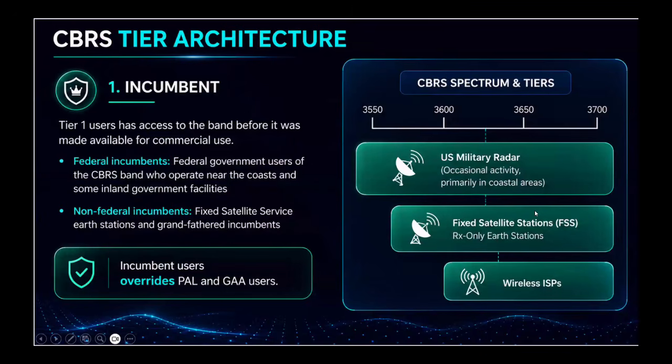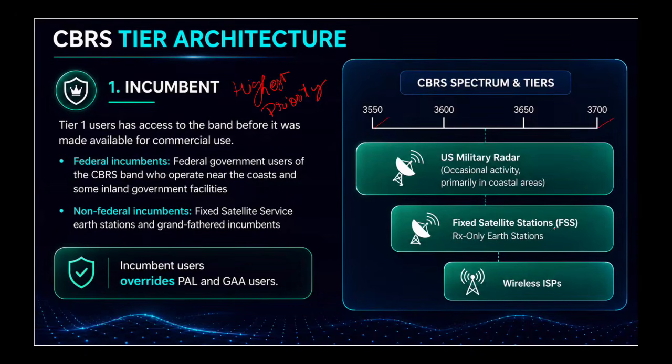So the first tier is incumbent. Incumbent, as I said, has the highest priority, and it is basically used for federal incumbents, the Navy, all these things. So they use the full band between 3.55 gigahertz and 3.7 gigahertz. For example, US military radar can be between 3.5 gigahertz and 3.7 gigahertz.